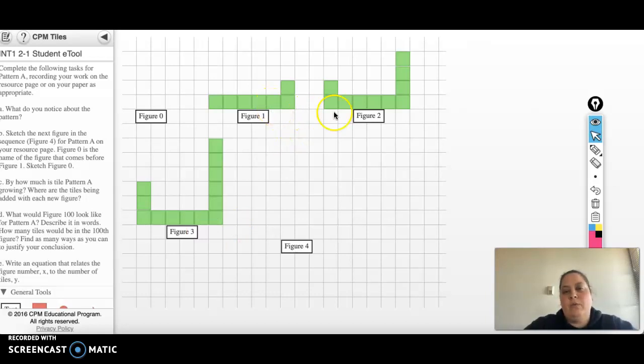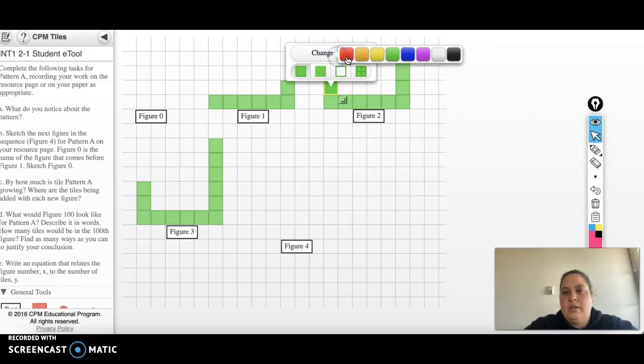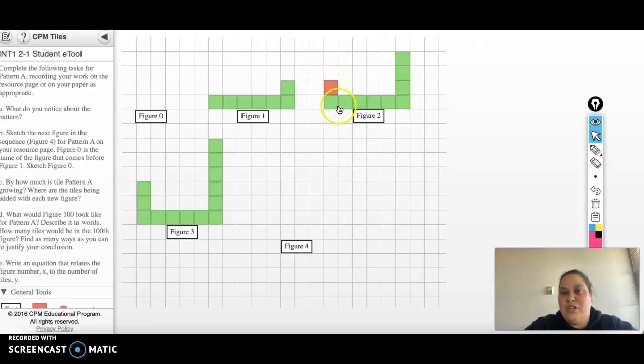I'm going to look at figure 1 and figure 2 and ask what changes between these two. Well, on this one there's only 1 over here, and on this one there's 2. So right away I'm going to click this and change the color to show you this one's changed. From here to here they added this. Then I'm going to look at this side and notice that there's 2 here and 4 here.